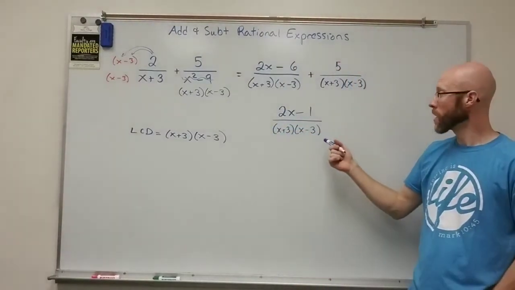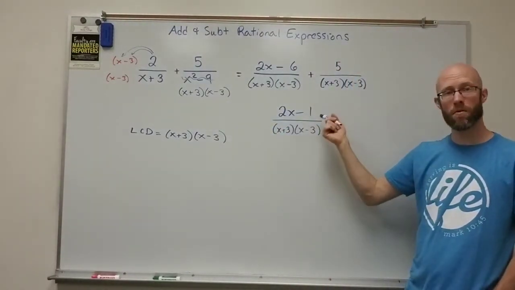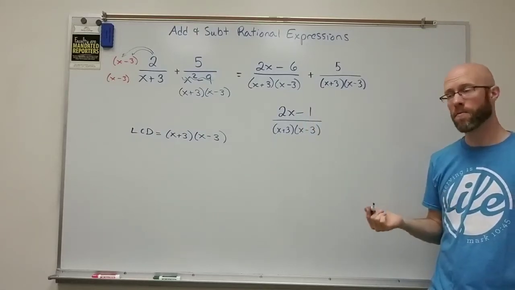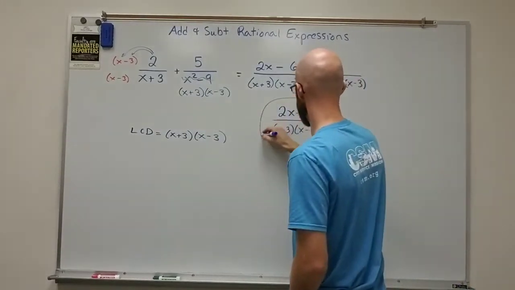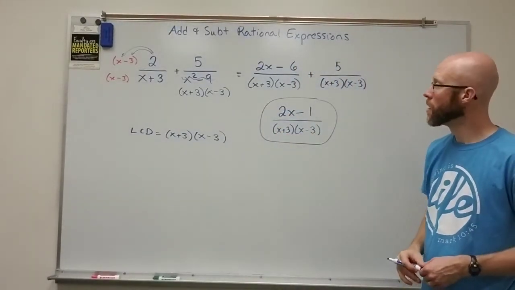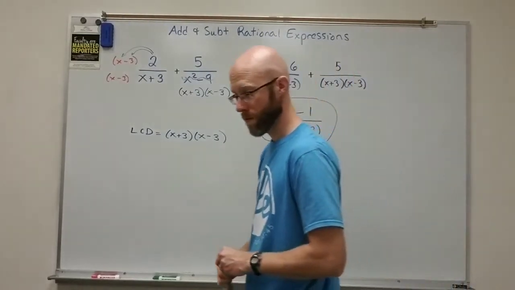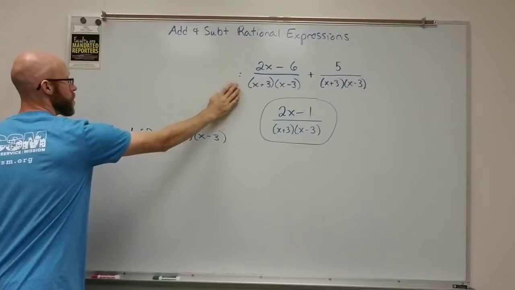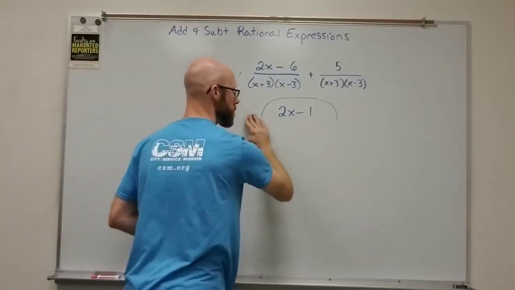Okay. Here, the 2x minus 1 doesn't factor, and it does not cancel with anything on the bottom. And so this is going to be our final solution. Okay. All right. Let's get into some even more difficult ones, where there are more factors in the denominators.